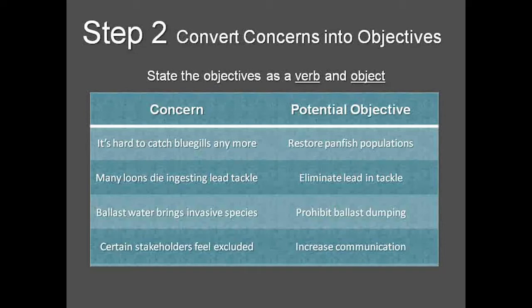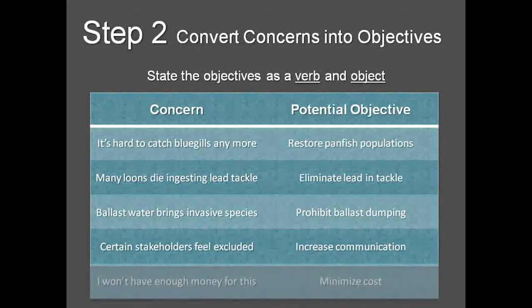But anyway, the concern needs to be translated into something that's got a verb and an object. Finally, I won't have enough money for this. Well, there's one that you can almost always list as a concern, and the potential objective there is minimize cost or something like that. That's a very typical objective that we find.